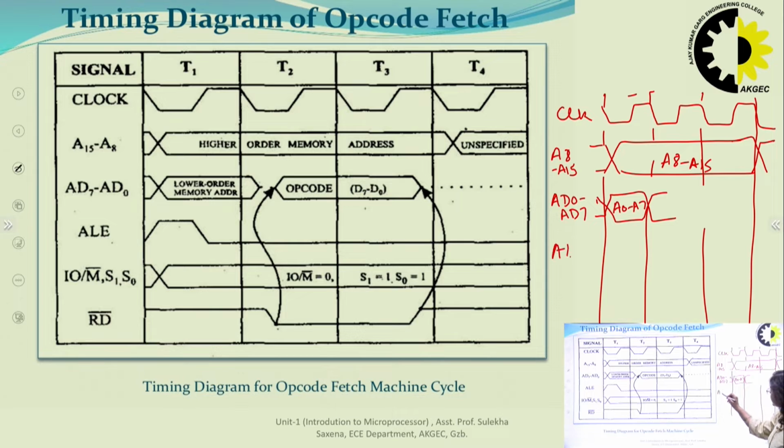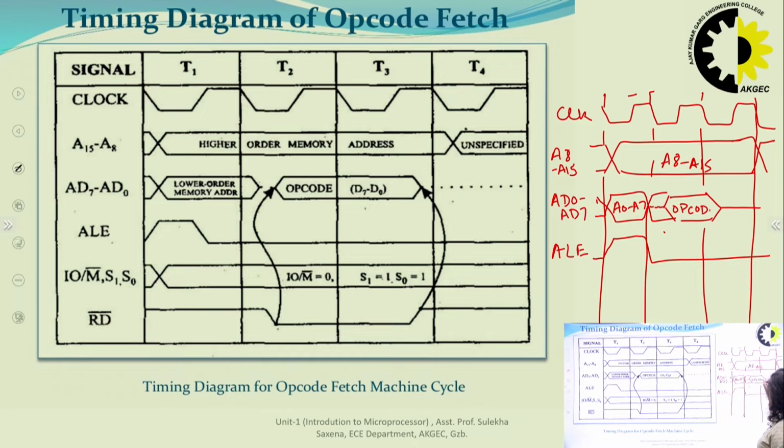So for first cycle ALE is 1, address is loaded in this bus, and after that ALE will be 0. Now in case of read or write, when there is a read operation, peripherals give data to microprocessor, and peripherals are slower as compared to microprocessor. So data requires some time to load. So there is a floating state, and after that data will be available on data bus.